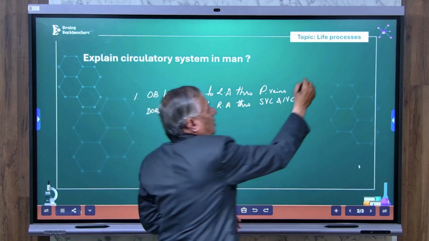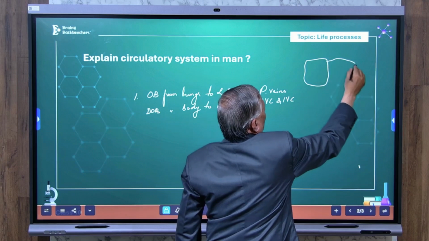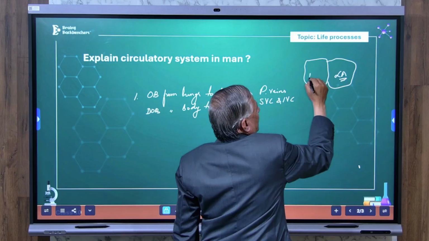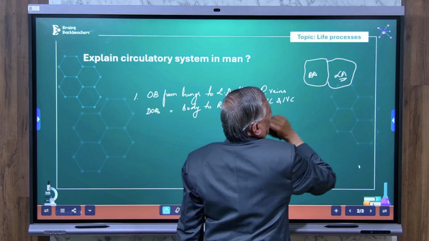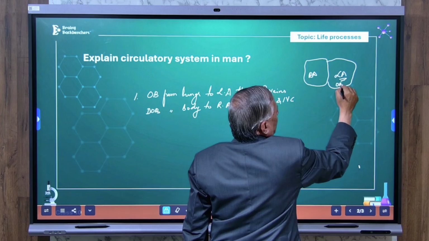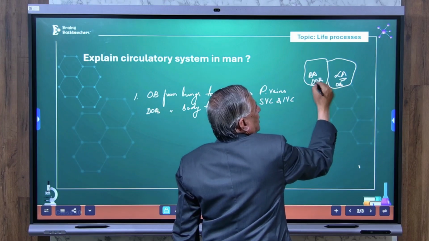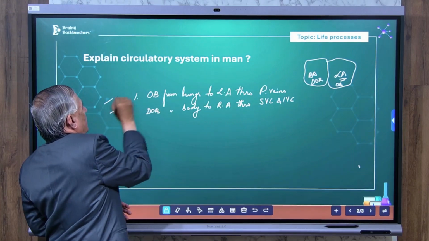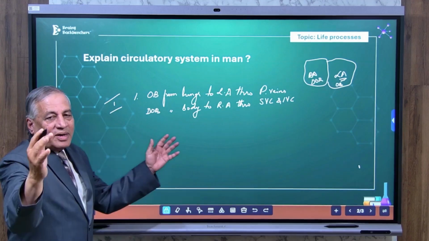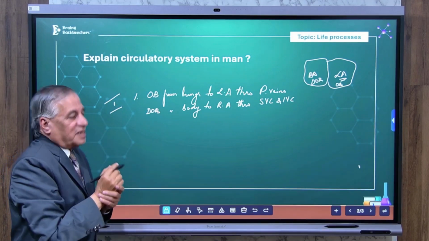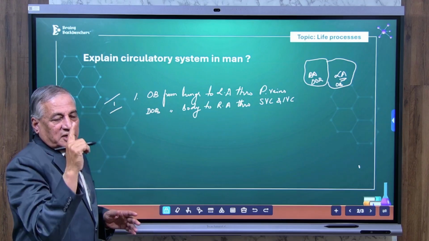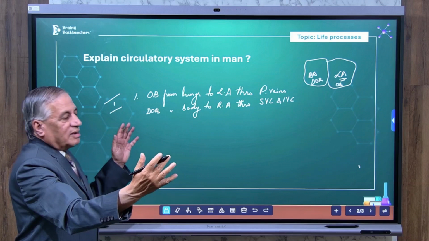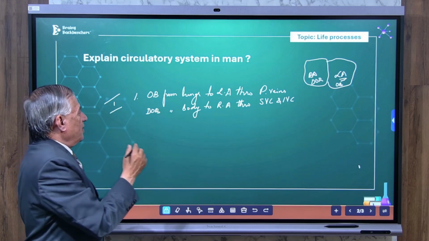Now the auricles are full. Left atrium has received blood, right atrium also has received blood. This is oxygenated blood and this one is deoxygenated blood. This is the first step. Now, when the atria contract, what happens?